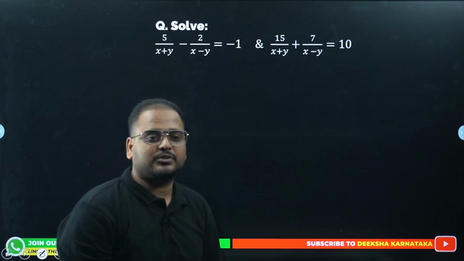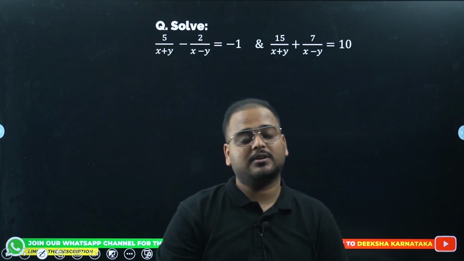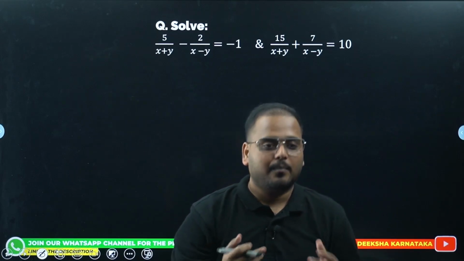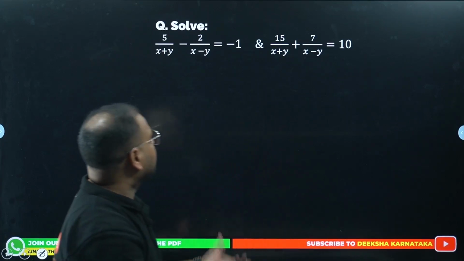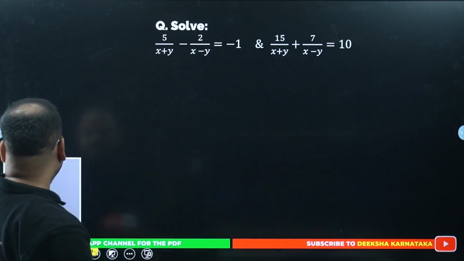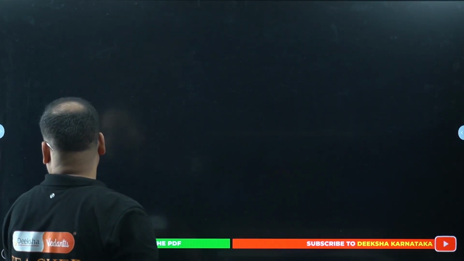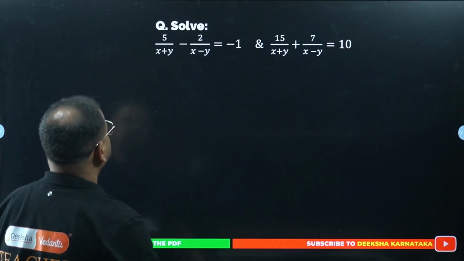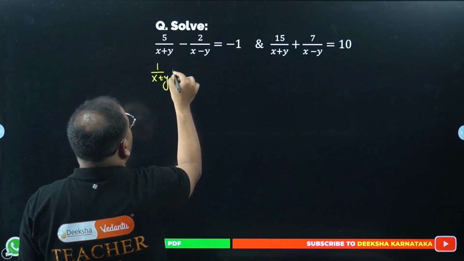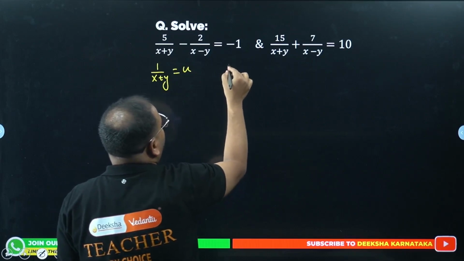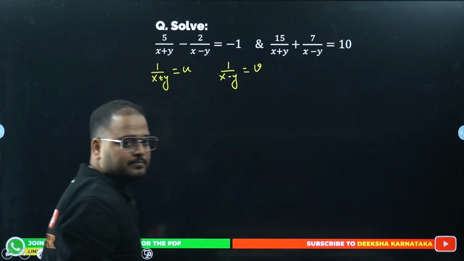Now this equation: 5 upon x plus y minus 2 upon x minus y equal to minus 1, and 15 upon x plus y plus 7 upon x minus y equal to 10. Right now the questions look complicated, difficult to solve, but after one transformation, the question will be very, very easy. What's the transformation? 1 upon x plus y equal to u and 1 upon x minus y equal to v.